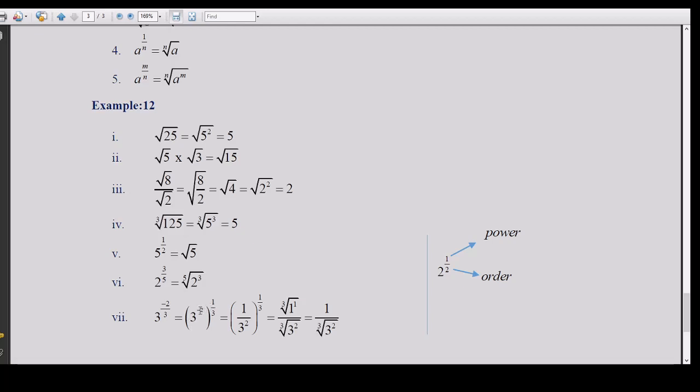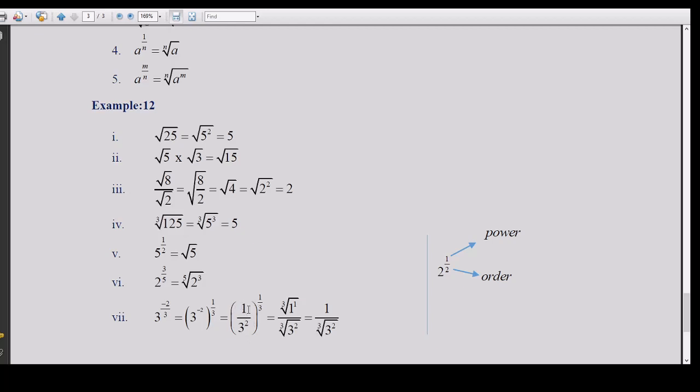Minus 2 multiply 1 is minus 2 by 3 itself. Okay, but 3 to the power minus 2 you can write as 1 by 3 to the power 2. If you take it down, the minus sign of the power will become plus, 3 to the power 2, isn't it?